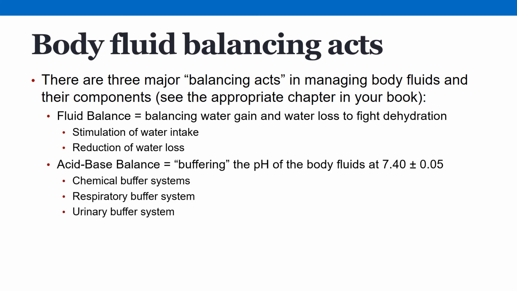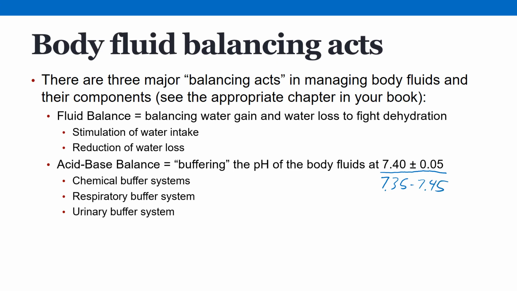The second balancing act is your acid-base balance. For a number of reasons, it's very important that your body have just the right pH. And when we say just the right pH, we're talking about 7.4 plus or minus 0.05. So that's a range of 7.35 pH units to 7.45 pH units.